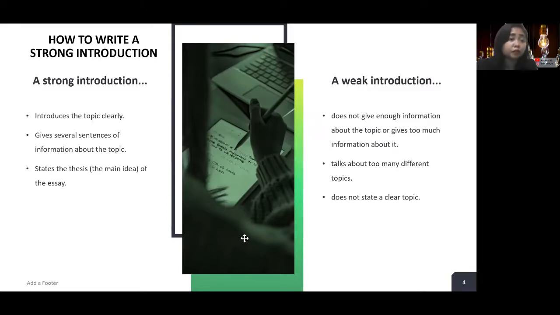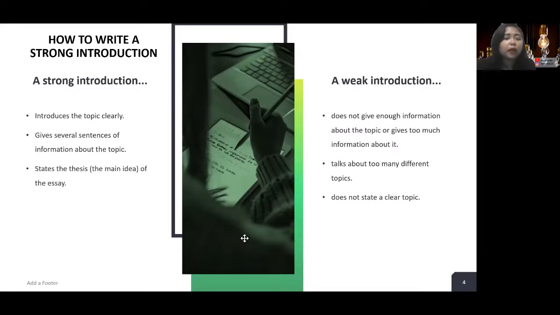When you want to have a strong introduction, you need to give several sentences of information about the topic. But when you give several sentences of information about your topic, don't talk too much, or talk about a different thing or topic, because these sentences should support your thesis statement, not talk about another thing.